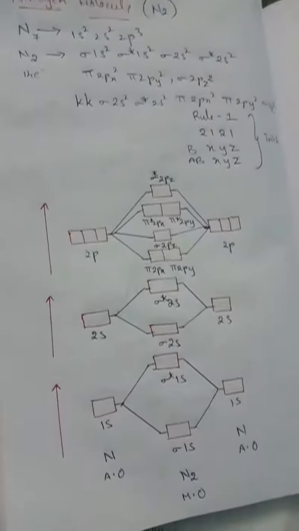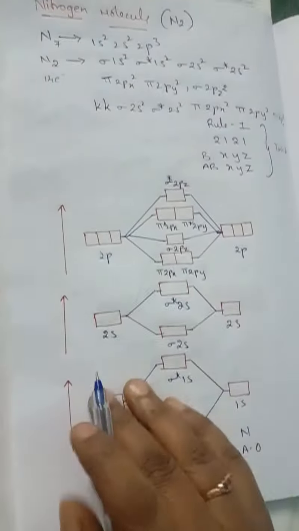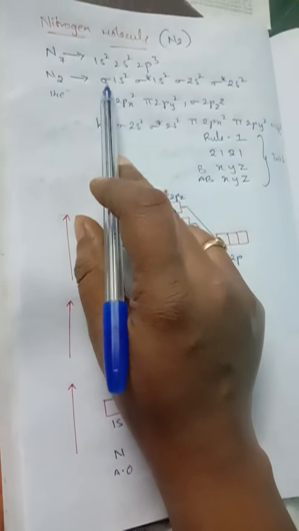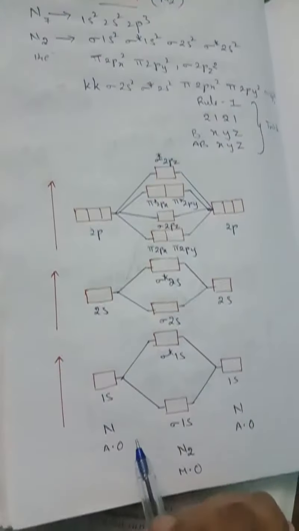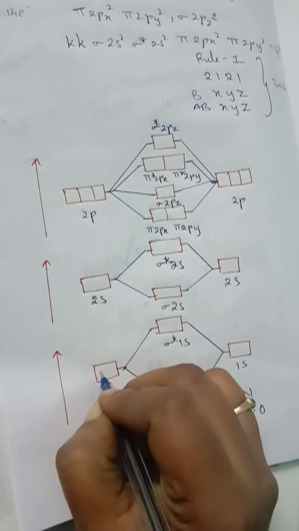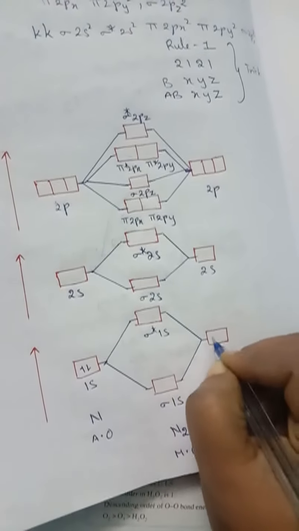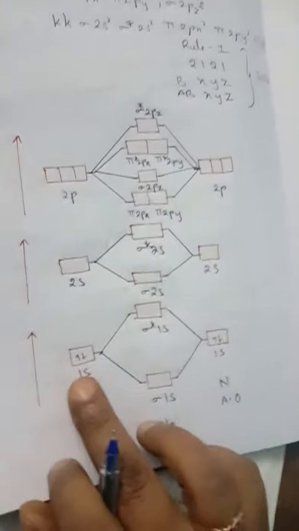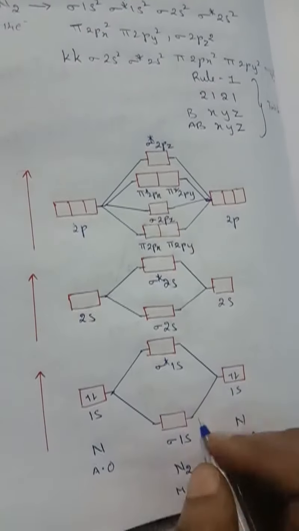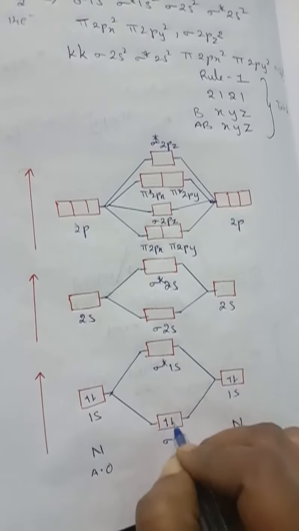Now we are going to arrange the electrons. In the K shell, how many electrons are present in the 1s orbital? 2 electrons are present, isn't it? So here in 1s 2 and here 1s 2. In one orbital 2 electrons, in the other orbital 2 electrons. In molecular orbitals, how many electrons will be present?